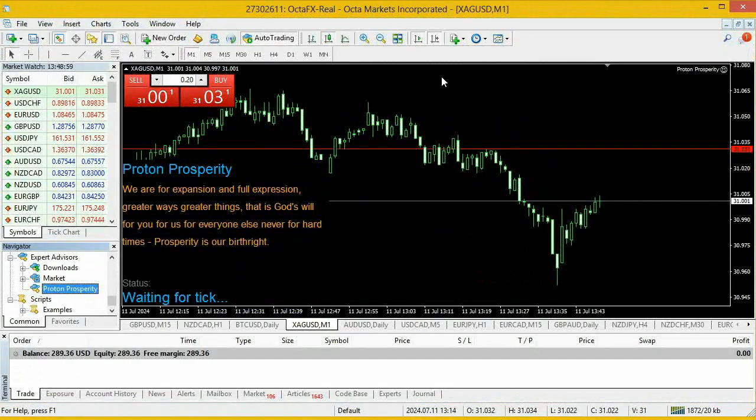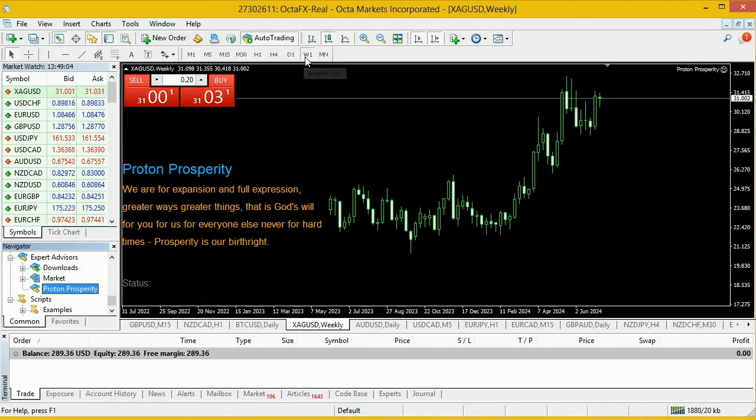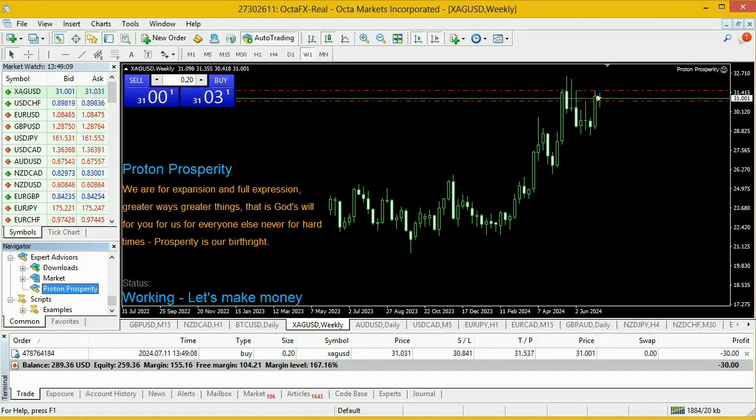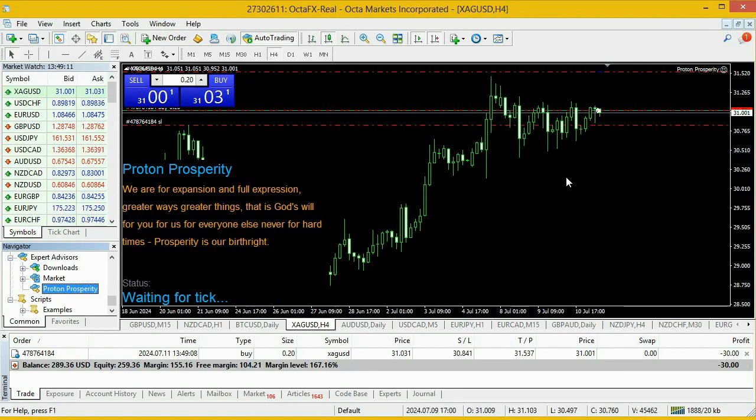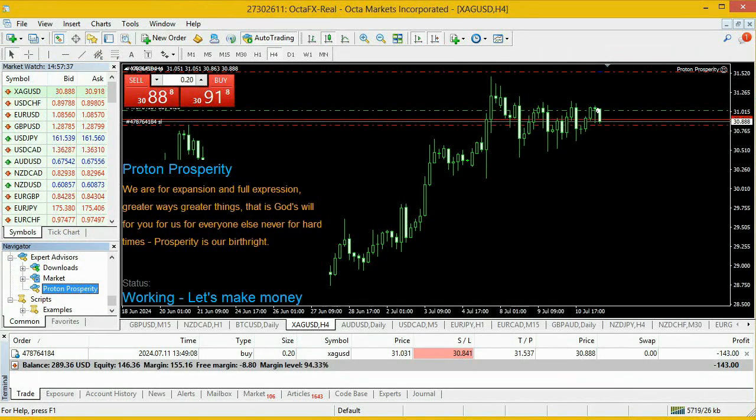Our next trade is on silver. Buy position executed. Our stop loss and take profit. Moving forward. 1 hour 6 minutes into the trade. Our stop loss is threatened.